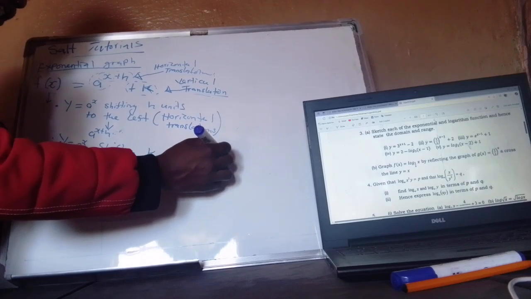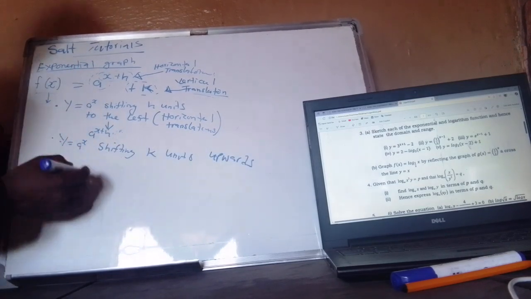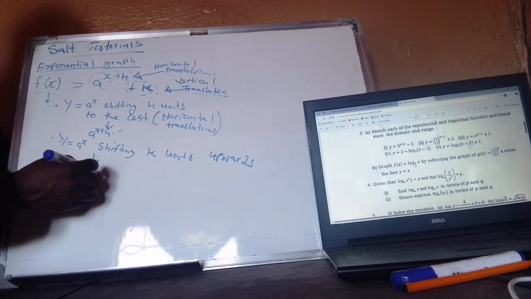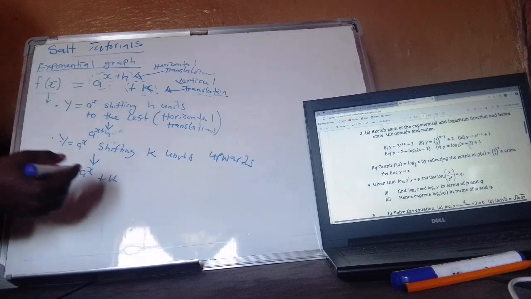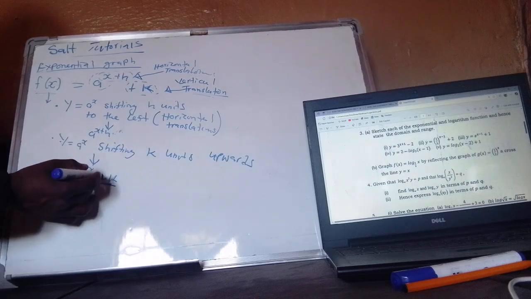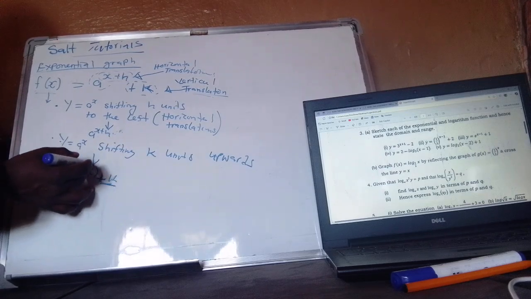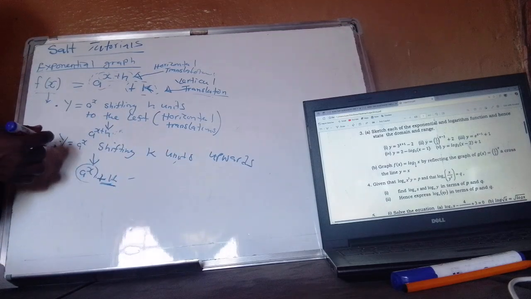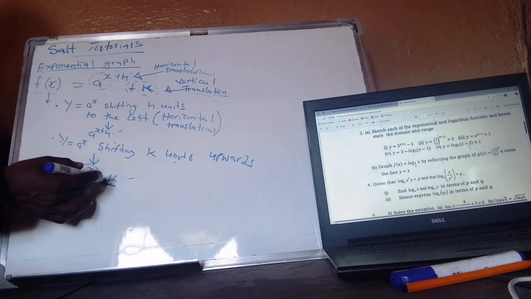The shift of k units upwards symbolizes that you are simply having a power x plus k. So if you add a constant plus k to your exponential function, that is your vertical shift upwards. So the vertical shift always obeys the sign.